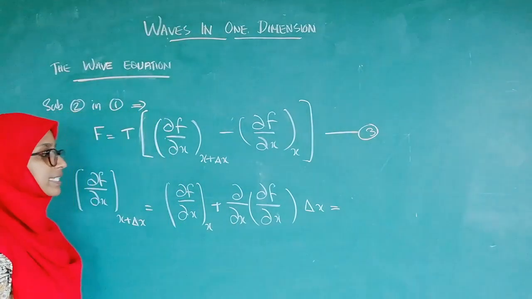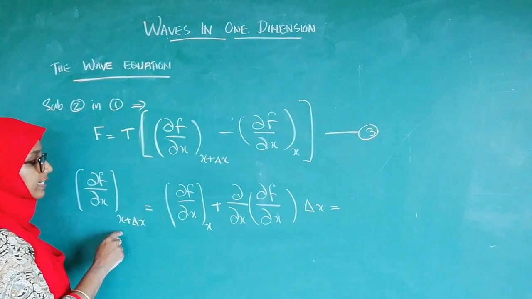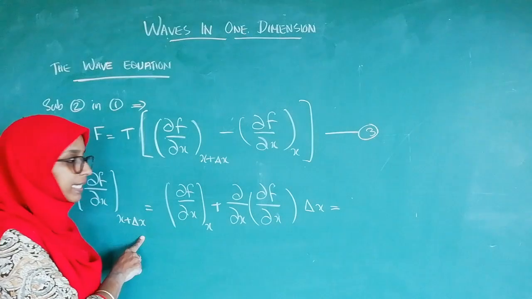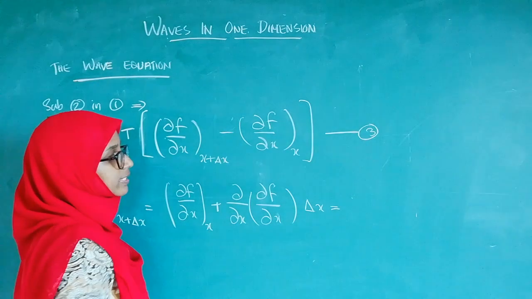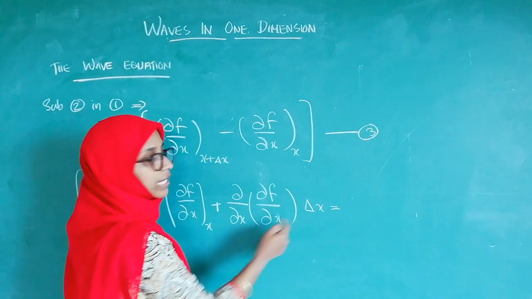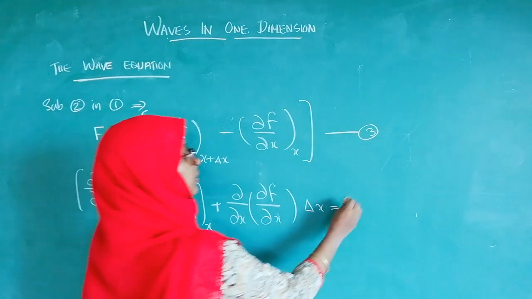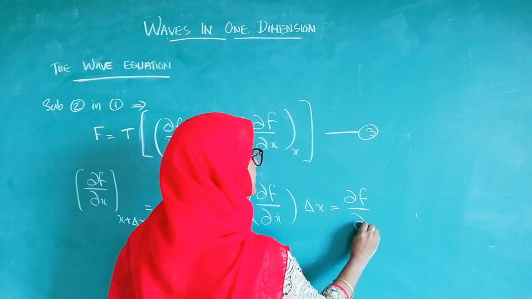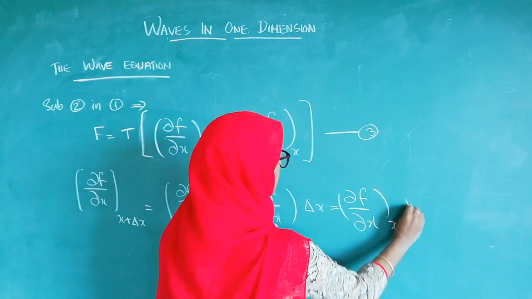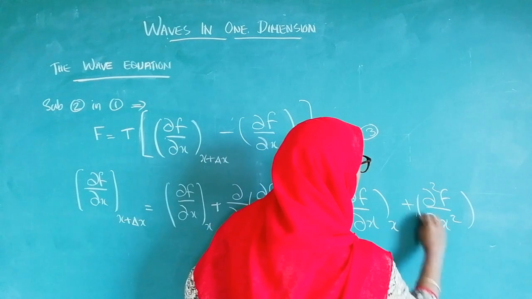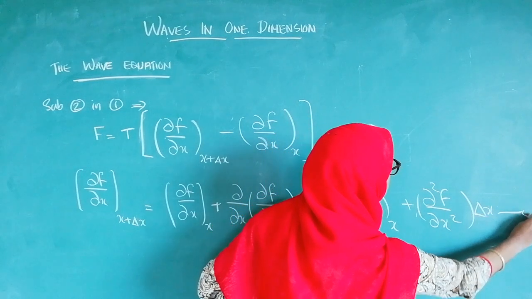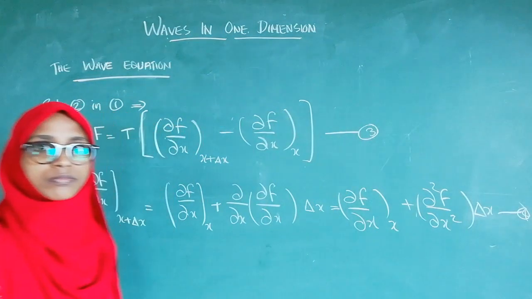And we know mathematically ∂f/∂x at x plus delta x can be expanded as ∂f/∂x at x plus ∂/∂x of (∂f/∂x) into delta x, that is ∂f/∂x at x plus ∂²f/∂x² into delta x. This is equation number 4.